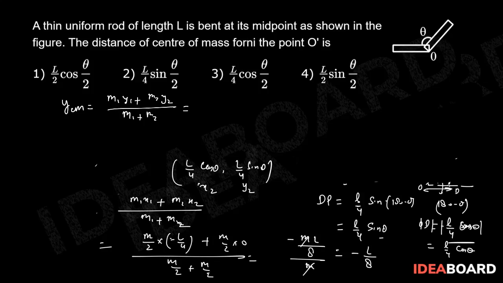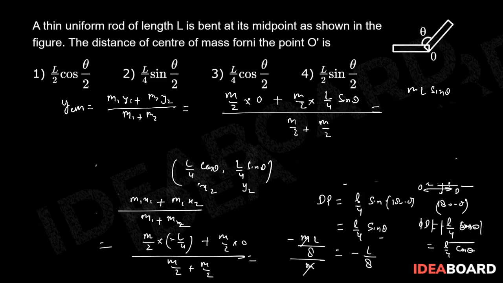Now m1 is M by 2 into y1, which was 0, plus M by 2 into L by 4 sin theta, divided by total mass, M by 2 plus M by 2, which gives ML sin theta by 8 divided by M. This cancels out, so this becomes L sin theta by 8.